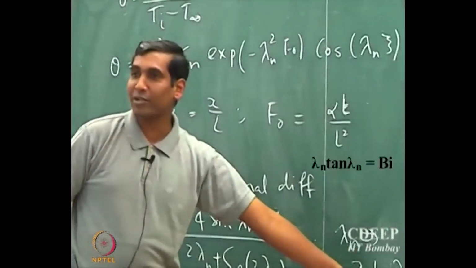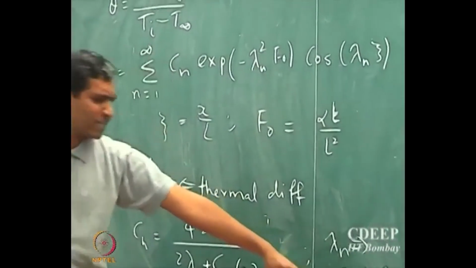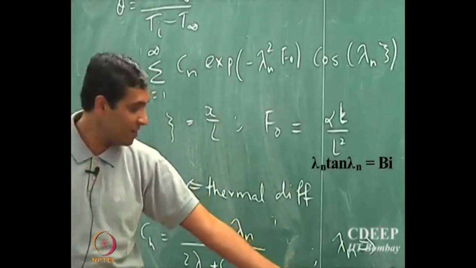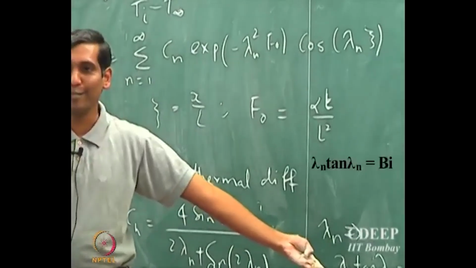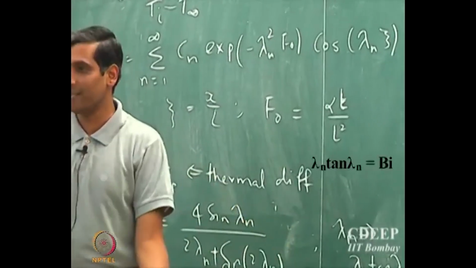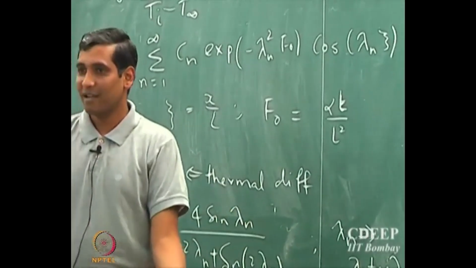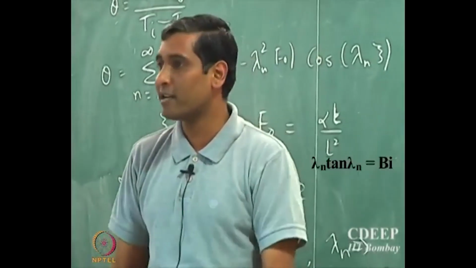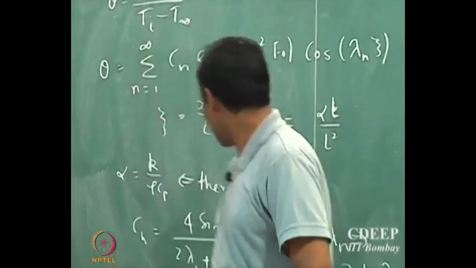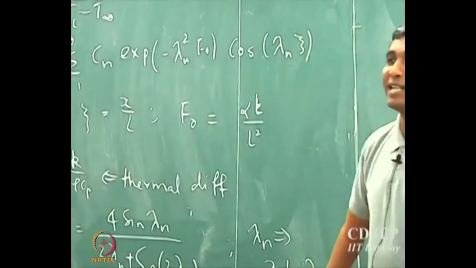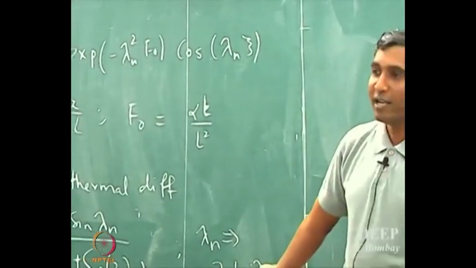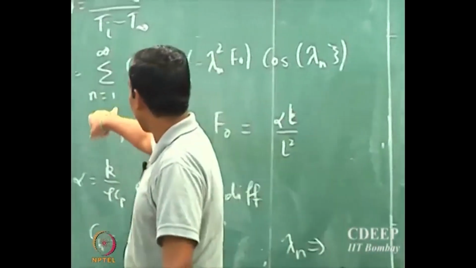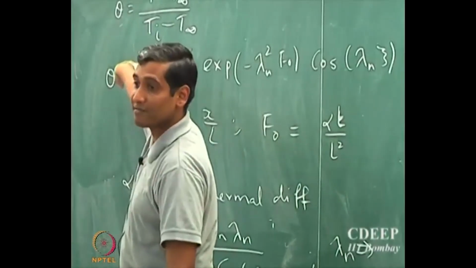So tan is a transcendental function. One way to see that is to plot a graph. You can also see that tan is a ratio of sine and cos, and sine and cos you can write as exponentials of imaginary functions. So you can immediately see that there are an infinite number of solutions. So you have infinite roots, and in fact that's why n goes from 1 to infinity here.